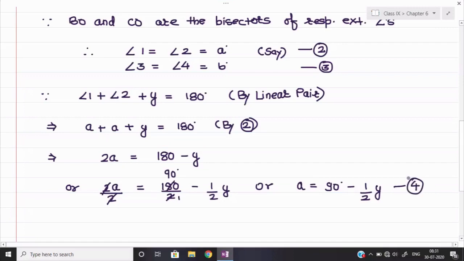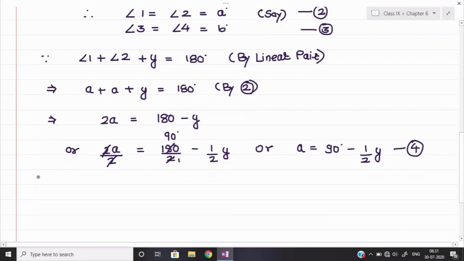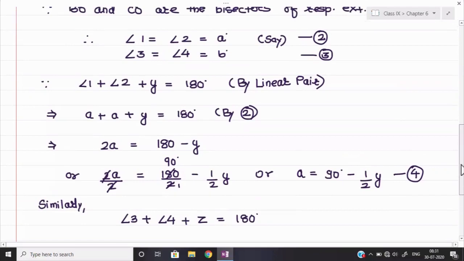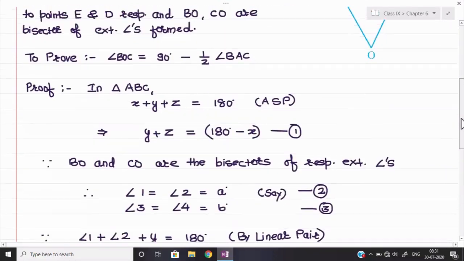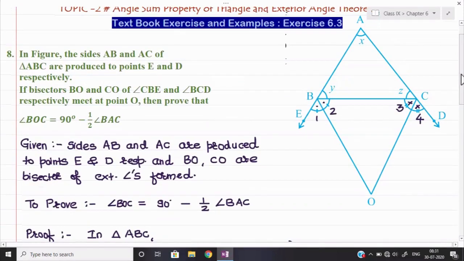And similarly, if I try to find out the value of B, so I can say that similarly angle 3 plus angle 4 plus Z is also equal to 180 degree. We can check once in the figure either they are forming the linear pair or not. So angle 3 plus angle 4 plus Z, check in the figure on your right side. So all the three angles are forming here linear pair.